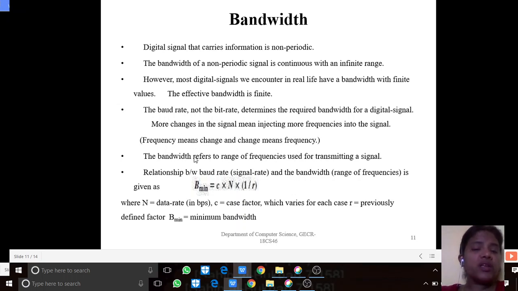The bandwidth refers to the range of frequencies used for transmitting a signal. You are transmitting a signal from sender to receiver, and in the course of time, it keeps on changing the frequencies.